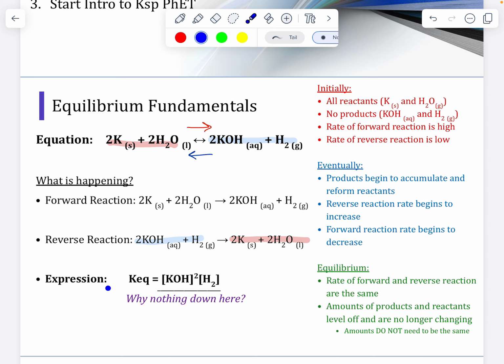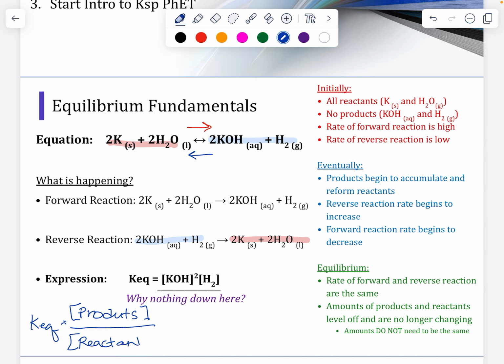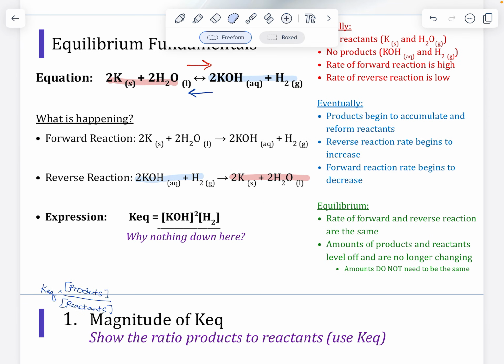So with that equilibrium expression, our KEQ expression is the concentration of our products over the concentration of our reactants. And so when we look at this KEQ expression for this first reaction that we were given, why don't we have anything in the bottom?